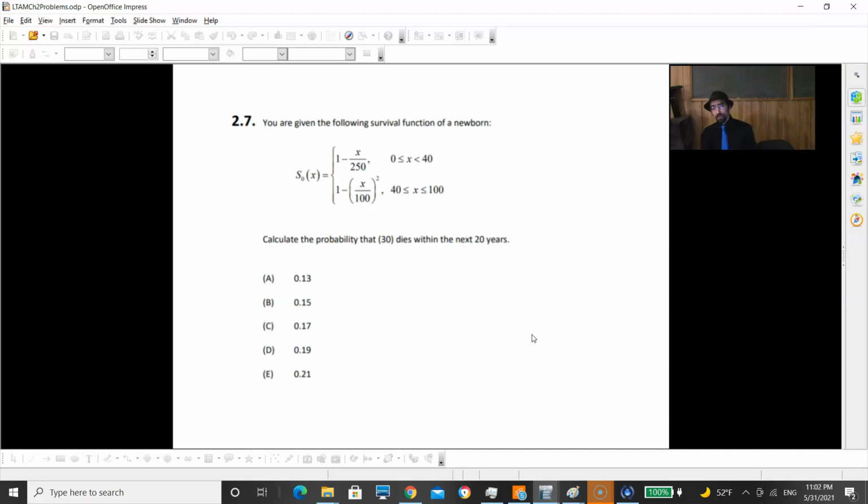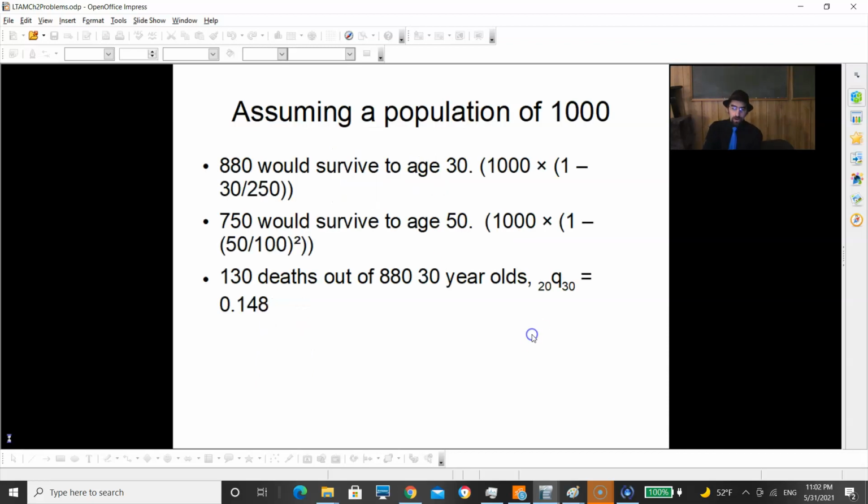2.7. Well, no, maybe this was the easiest problem. They give you a survival function, and they say calculate the probability that a 30-year-old dies within the next 20 years. So I just assumed a radix here. I assumed a starting population of 1,000. On average, 880 would survive to age 30, 750 would survive to age 50. And you just plug into your survival function and you get those numbers.